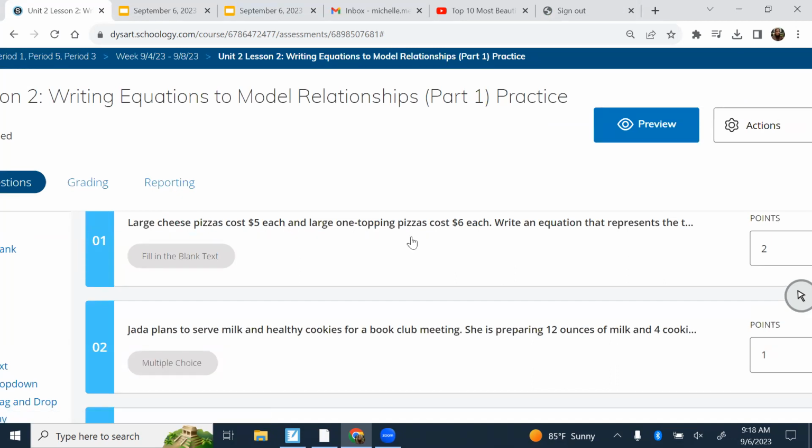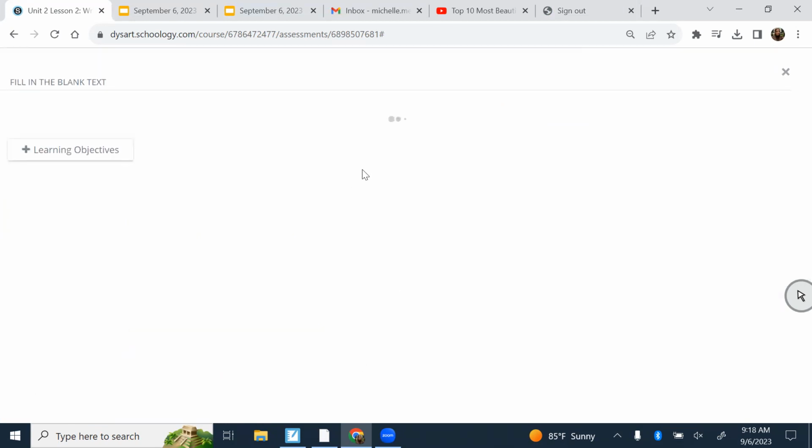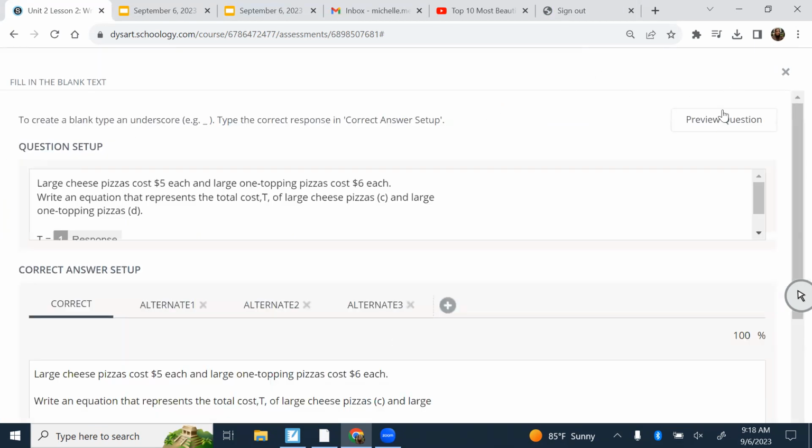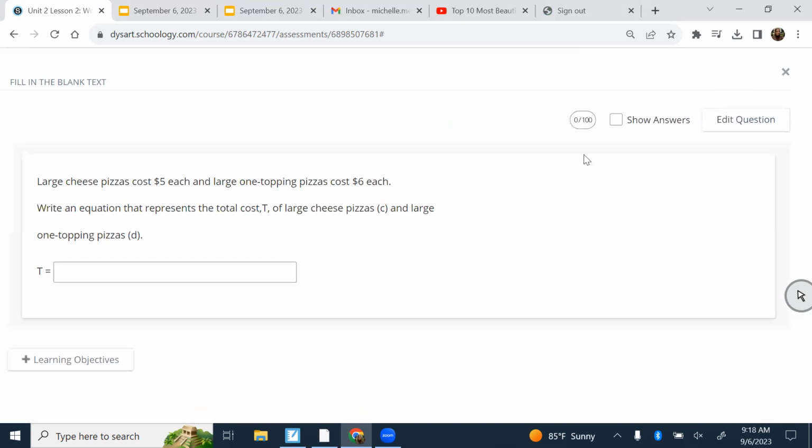Large cheese pizzas. Okay. So for this one, it costs $5 each and a large 1-topping pizza costs $6 each. We're writing an equation that represents the total cost of the large and the 1 toppings. So since the large costs $5, you would multiply that by which variable is for the large cheese pizzas?